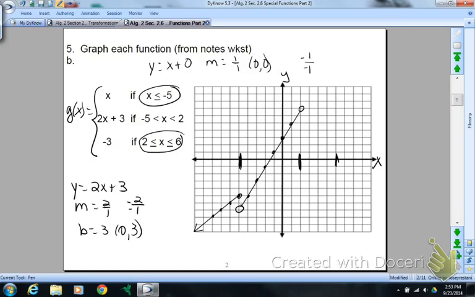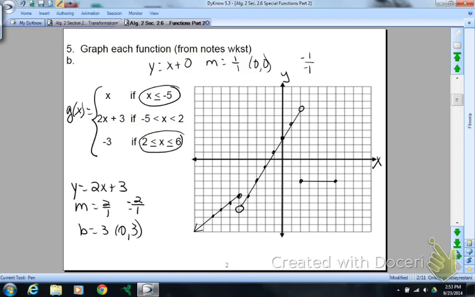So it's a horizontal line, and it's a closed circle at both 2 and 6. If you want to erase your boundary points afterwards, you're fine. You can keep them, that's okay too.